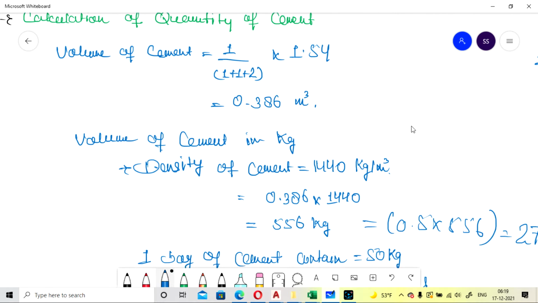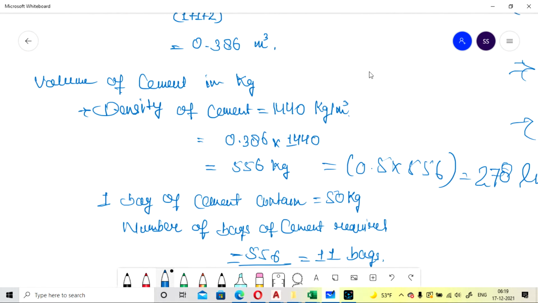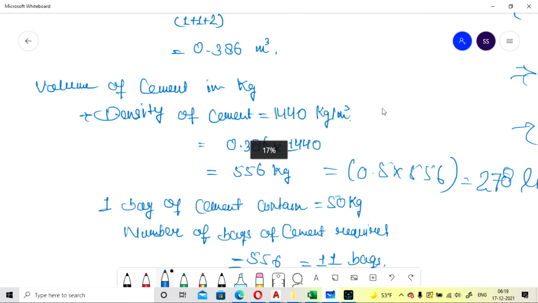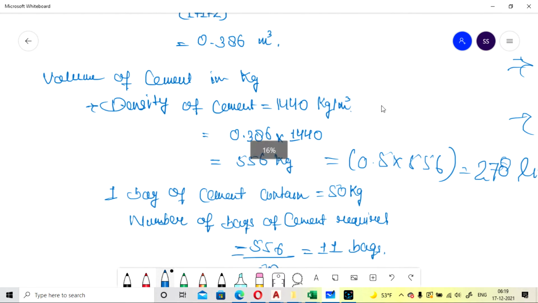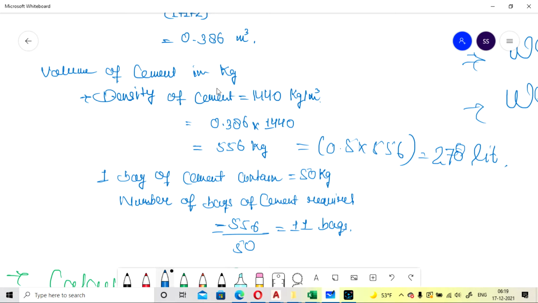The volume of cement we have to calculate in kg, as the cement bag is available in 50 kg, so it is easier to calculate in kg. So the density of cement is 1440 kg per meter cube, as mentioned in IS code 456. You don't have to worry.